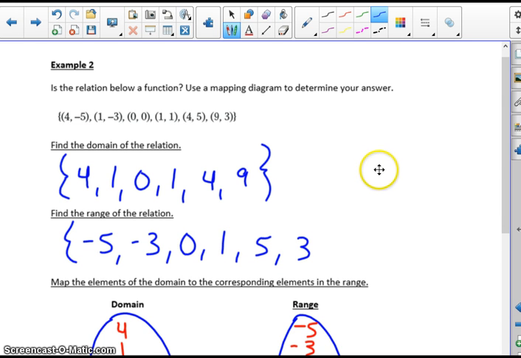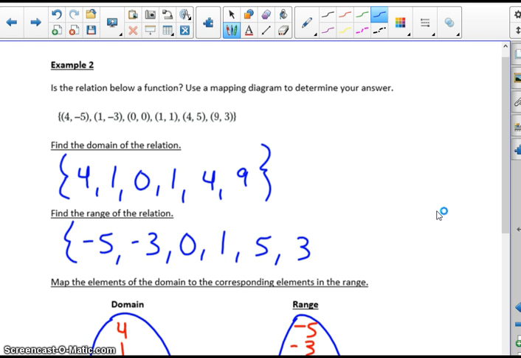Let's look at example 2. Example 2, I once again look at this relationship and I identify the domain and the range. So my domain here is 4, 1, 0, 1, 4, and 9.